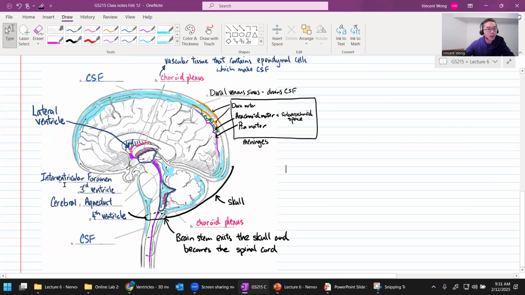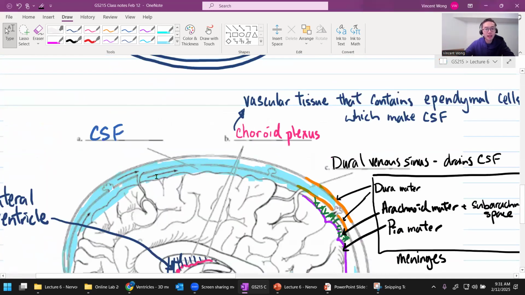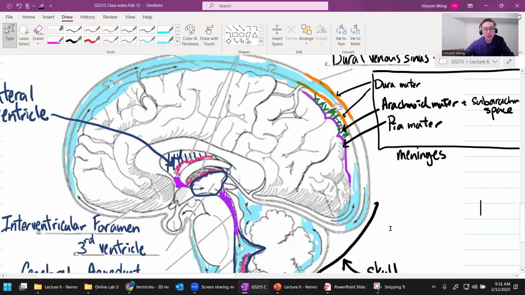Can you say again about the blue thing? Oh, yeah. I was just saying, whenever you see the arrows, you just color it with the blue. And that basically shows you where the CSF is. So it surrounds the entire brain, right? The function of the CSF? Oh, yeah, sure.